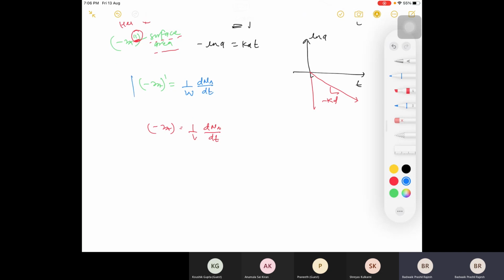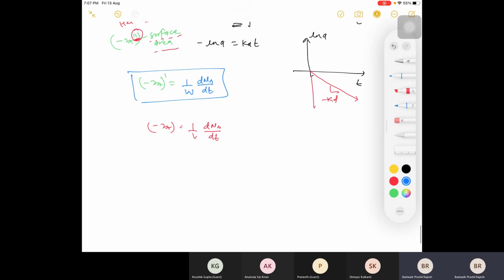Are you getting this? Based on weight of catalyst, this will be equal to what? k CA to the power n, where n is the order of reaction. Please tell me you are getting up to this, then I'll add one term there.